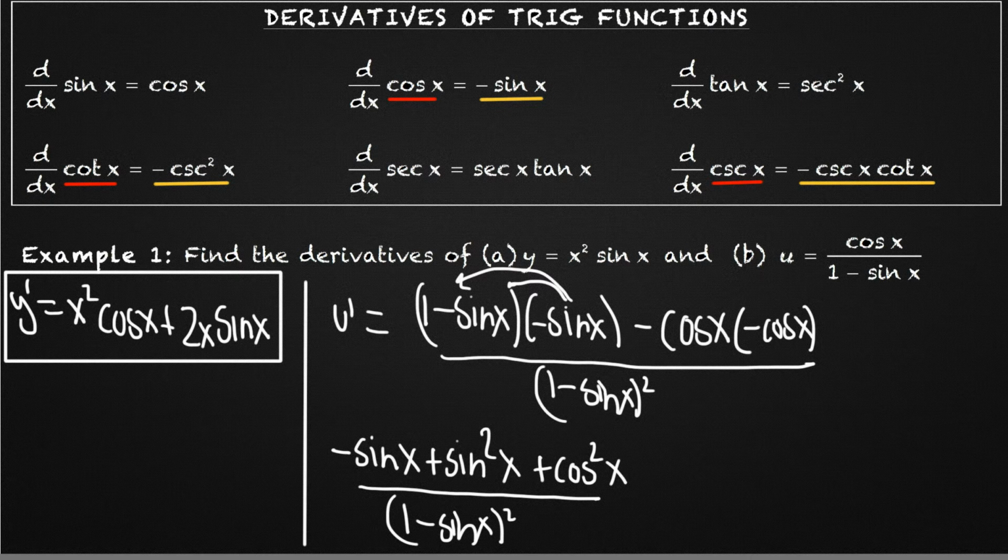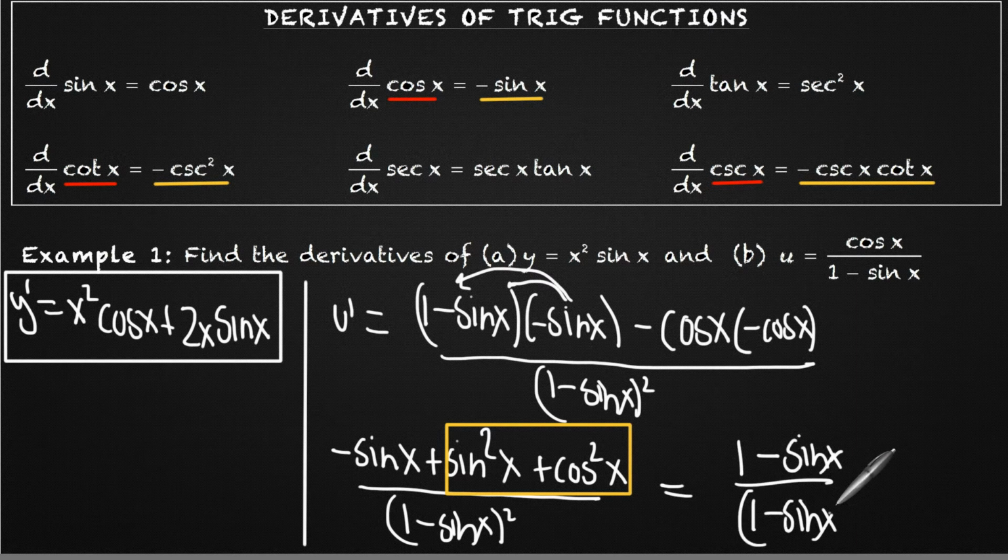Now, hopefully our eyes are drawn to this trig identity that we learned in trigonometry or pre-cal. Sine squared plus cosine squared is equal to 1. So this becomes 1 minus sine x on the top and 1 minus sine x all squared on the bottom.